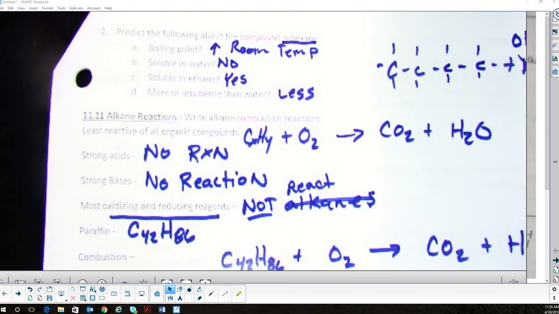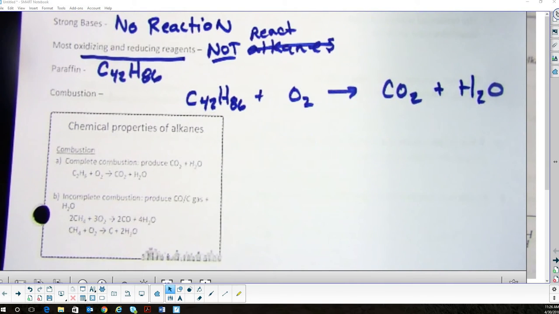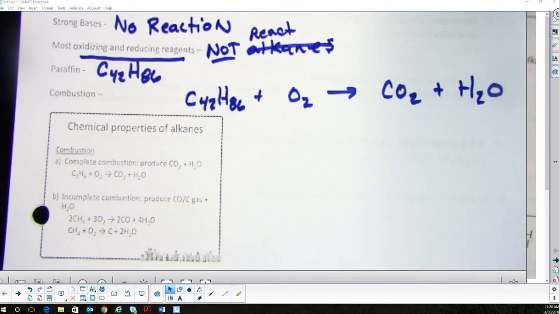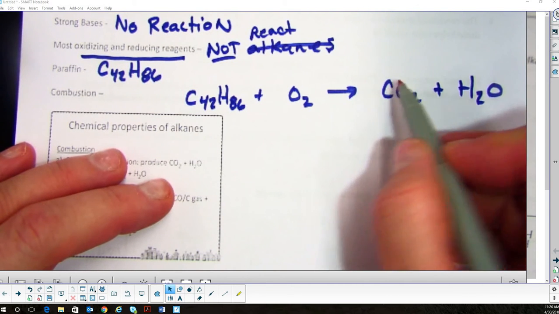Oh, I didn't freeze it on the screen. Sorry. There we go. Guys need to tell me when I run out of room on the page.